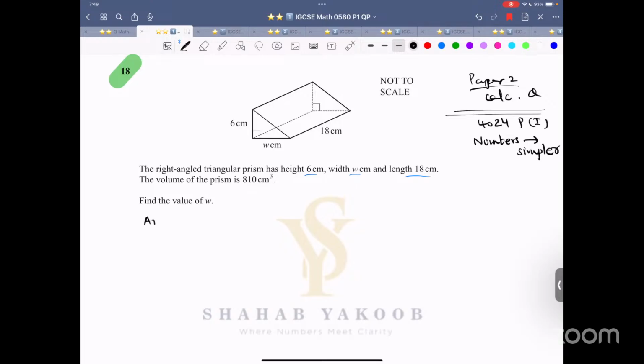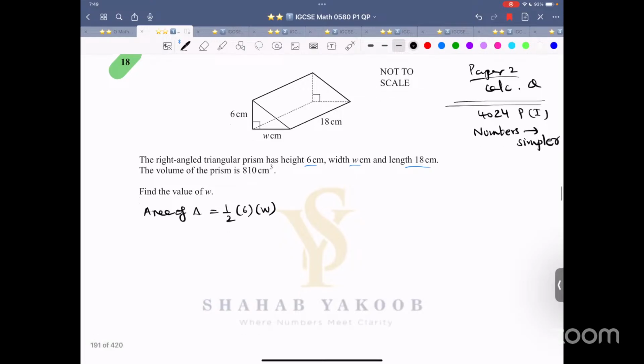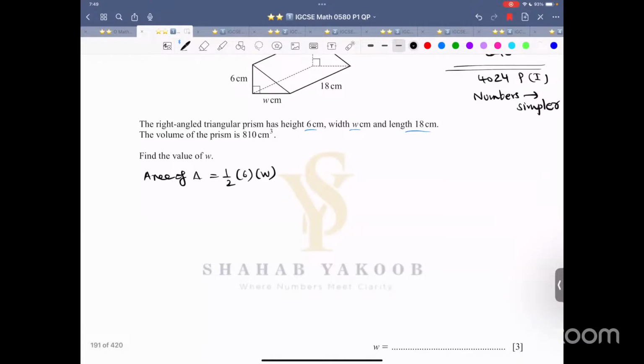So you write the first step, area of triangle, that is half into 6 into W. Leave it as it is. And then the length is 18. So the volume is 18 into half into 6 into W. Now I can simplify. 2 ones are 2, 9 twos are 18, 9 sixes are 54. That is 54W.